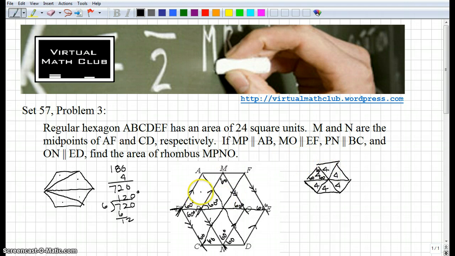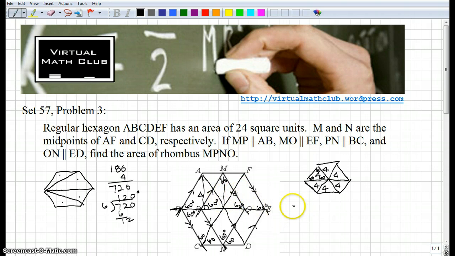So each of these equilateral triangles is 4, and you can see this is 4, and the height of this triangle is the same as the height of this triangle that's half of the rhombus, okay?